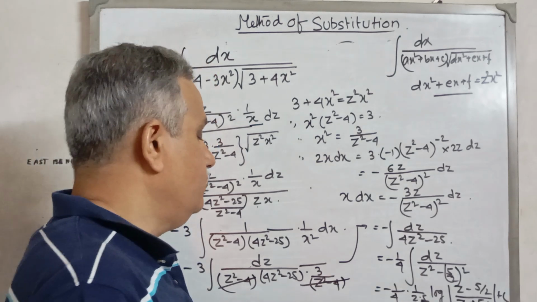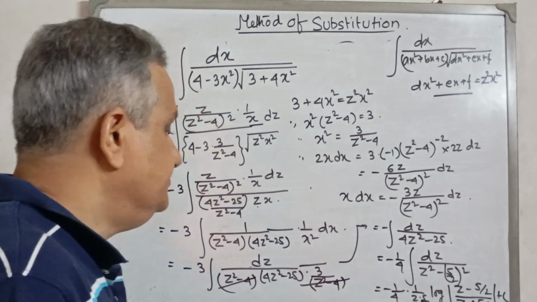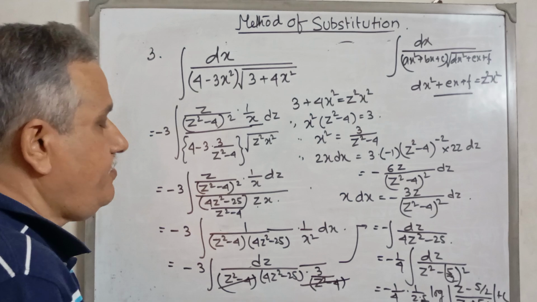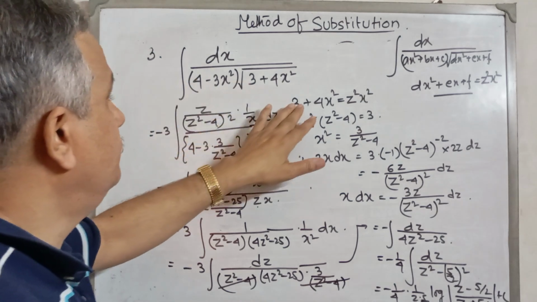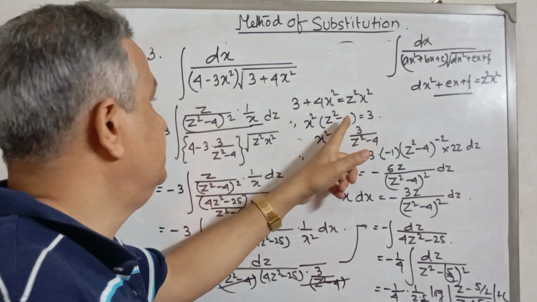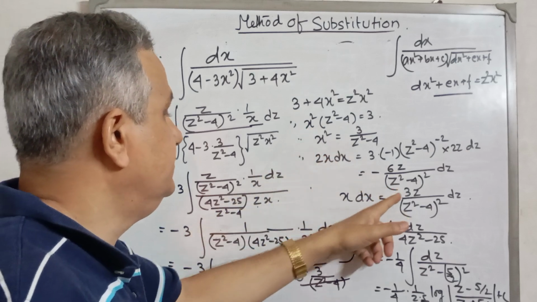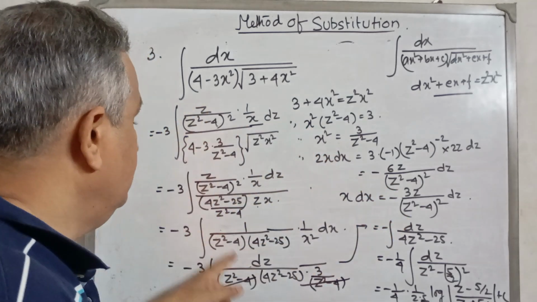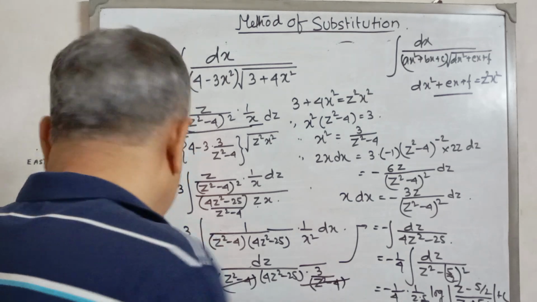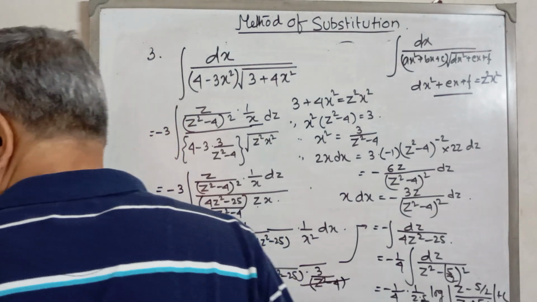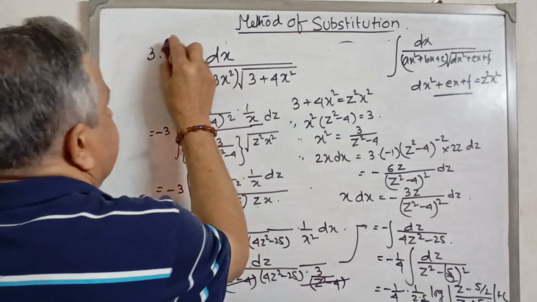First of all, we have to put 3 plus 4x square is z square x square. So x square becomes this. Now differentiate it. Now substitute this value. We get this simply. Now we have to put the value of z and get the answer.